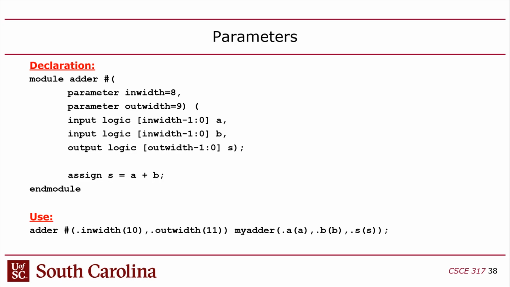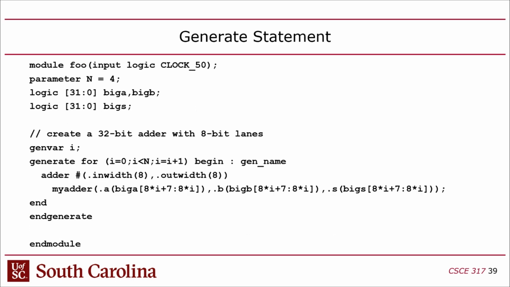Okay, and then last thing here that we want to cover is the generate statement. And this is another way to kind of create a template. It's kind of like a parameter, but the idea here is that we want to be able to write code that will stamp out multiple chunks of logic in an array.